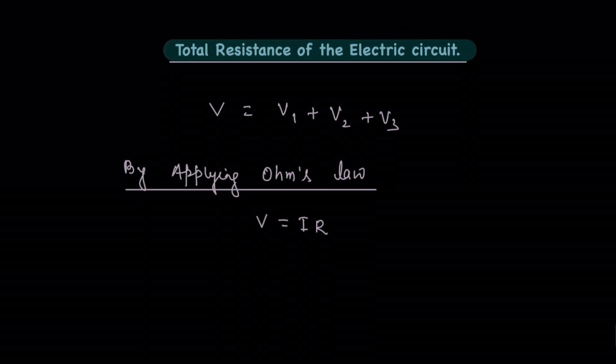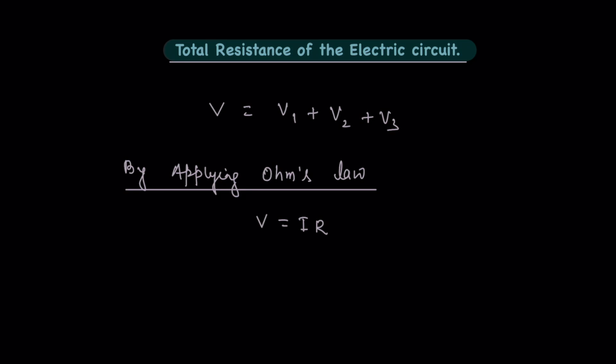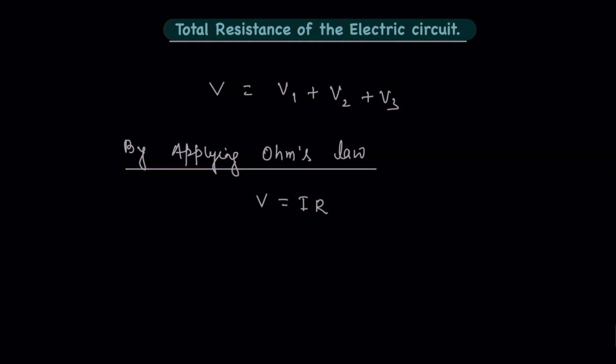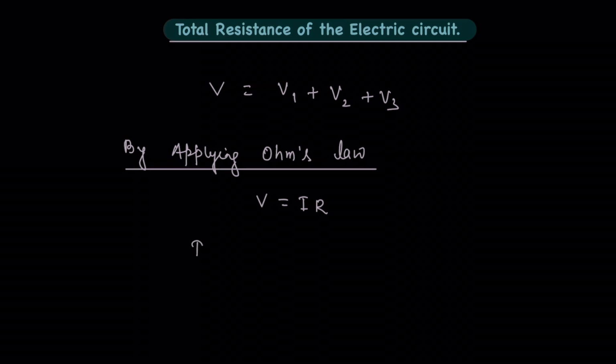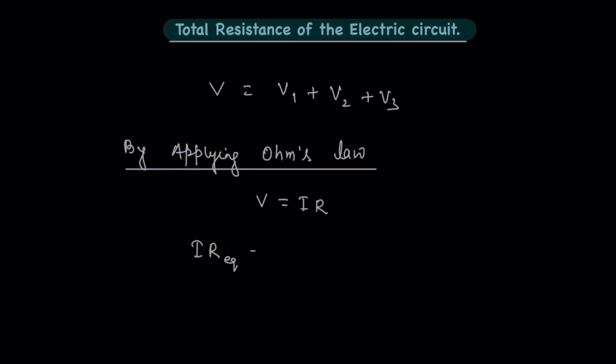So if you substitute V is equal to IR in place of V, V1, V2 and V3, we can write it as IR, and here the R is the total resistance or equivalent resistance, is equal to IR1 plus IR2 plus IR3.